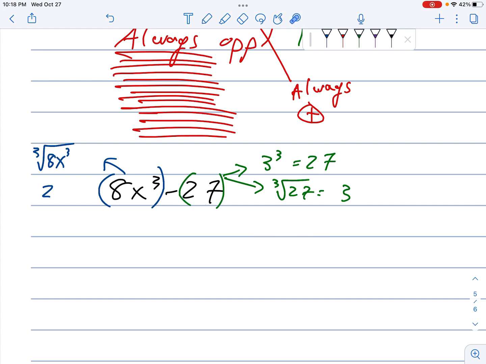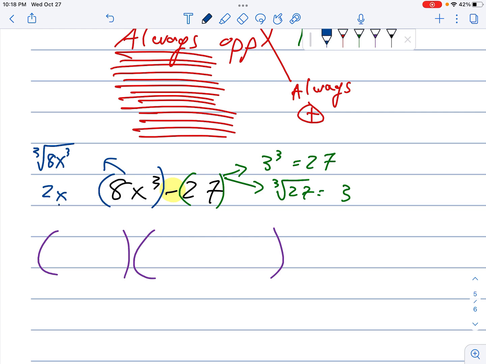This whole thing cubed, yes, that's 2x. The whole first term cube rooted comes out to 2x. The whole second term cube rooted, that's 3. Sign in the middle doesn't matter. I got a minus. So now it's just a memorizing thing. Actually, you know what? I'll just go like this.